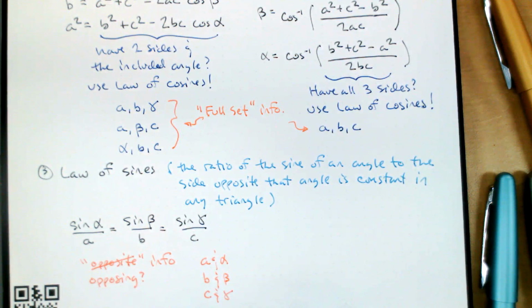And so if we train ourselves to want to use the law of sines, once we use the law of cosines, we can switch to the law of sines. But if our starting information doesn't have a full set, we have to use the law of sines. So we don't have to worry about classifying things. But I mean, it's a math class, and man, do we love to classify things.